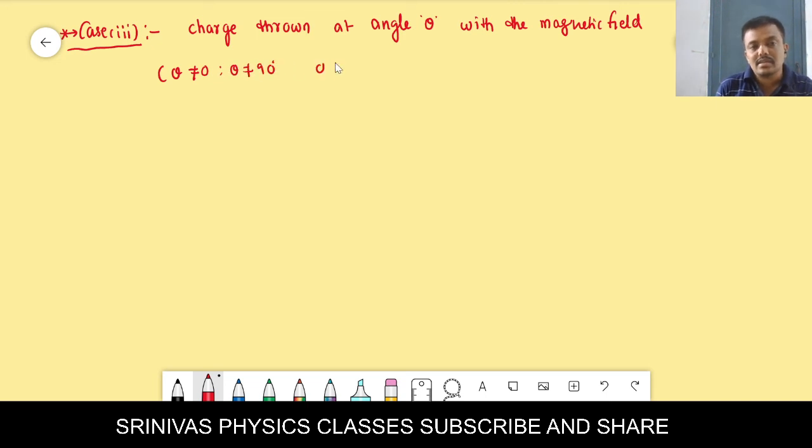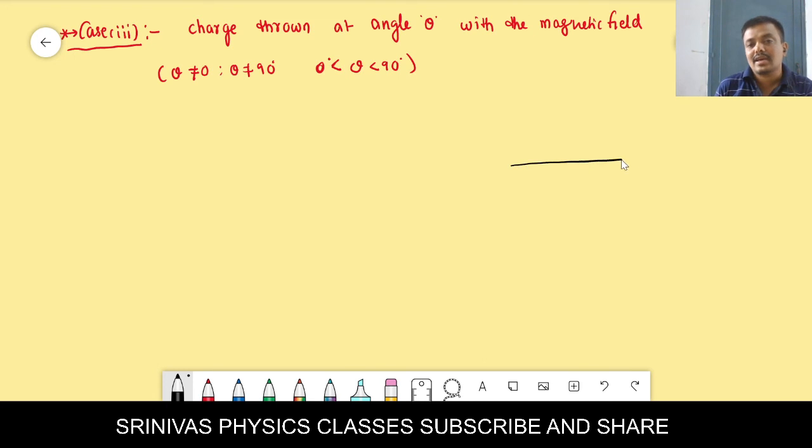Here theta is greater than 0 and less than 90. This is the situation. In this case, what happens to the force and how the charge moves, that we are going to discuss. Let us start.